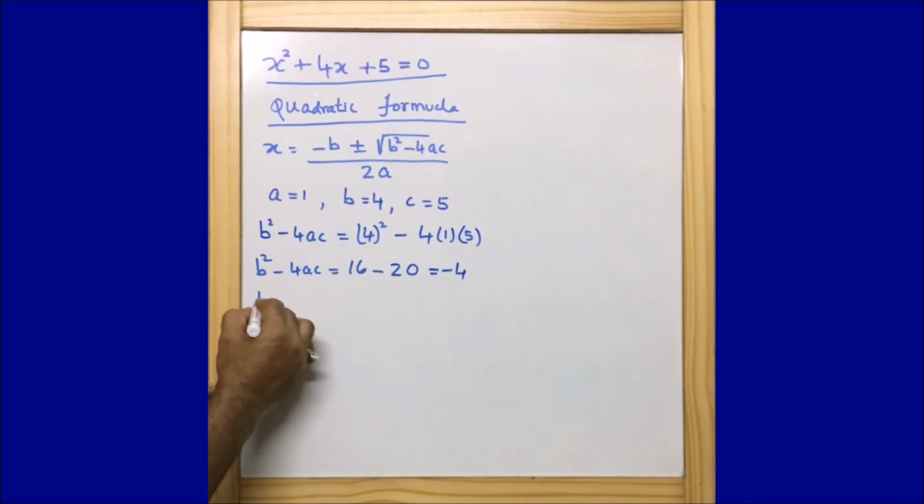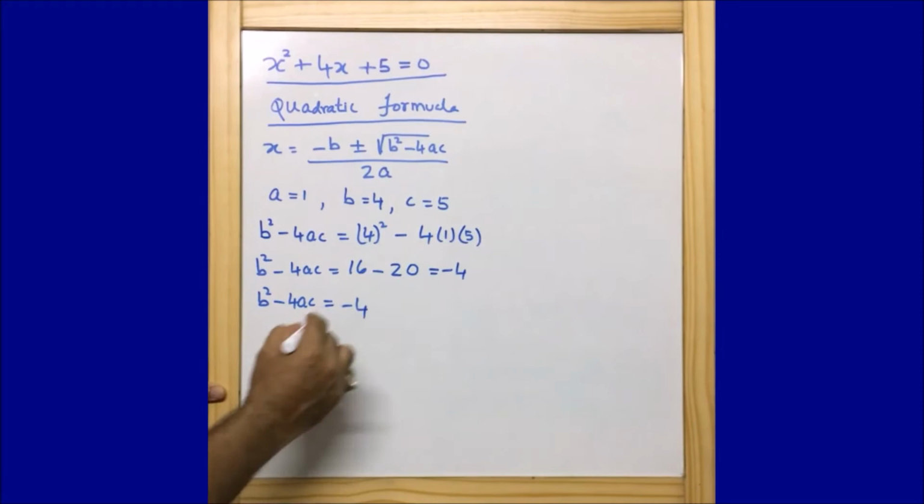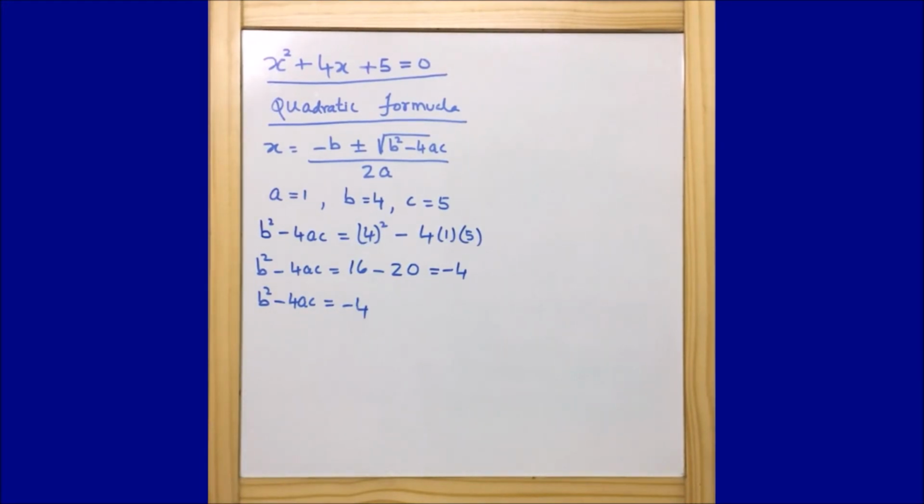So b² - 4ac is equal to -4. Guys, this is one of the important things that we need to focus on here.